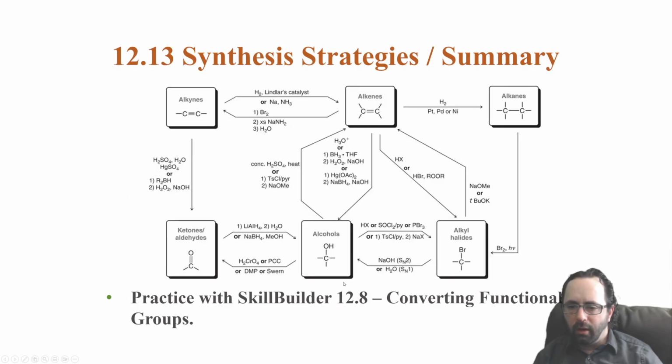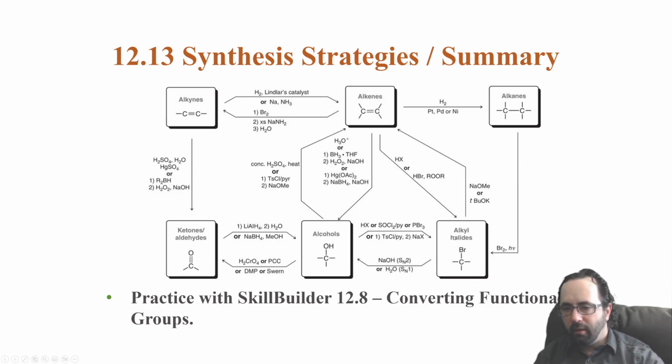So in summary here, the important alcohol reactions we have learned have been the reduction of carbonyls to produce alcohols, the oxidation of alcohols to produce carbonyls, and also our Grignard reaction, which isn't on this slide.